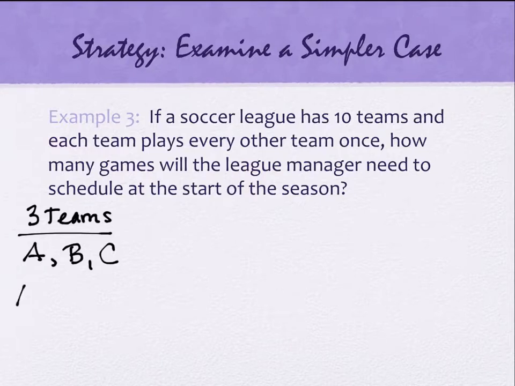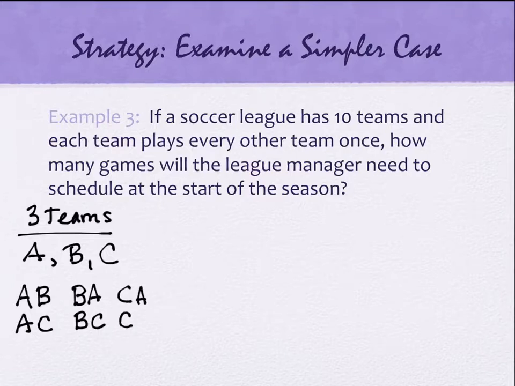Okay, so Team A plays Team B, and Team A plays Team C. These are the games that I'm listing out. Team B plays Team A, and Team B plays Team C. And Team C plays Team A, and Team C plays Team B. So it looks like there are how many games? 6.